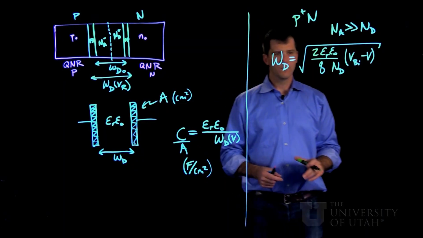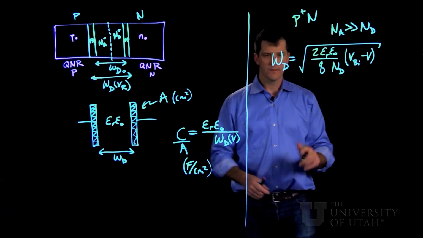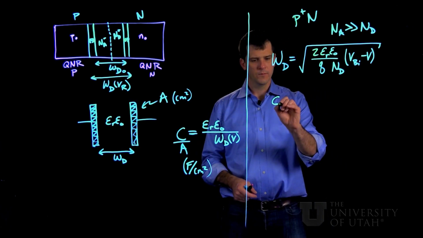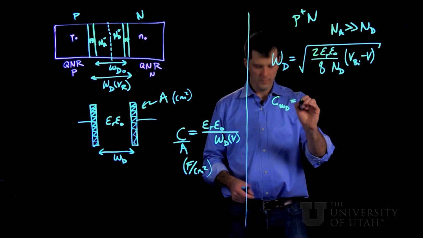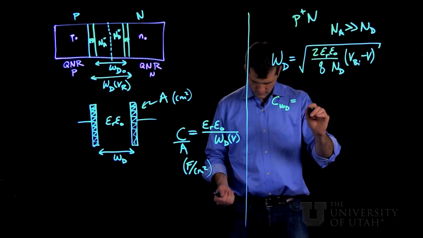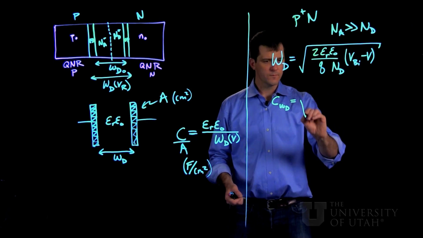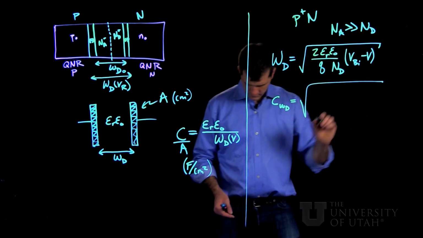So if we pop this into the expression for capacitance, we get our depletion width capacitance equal to square root of.